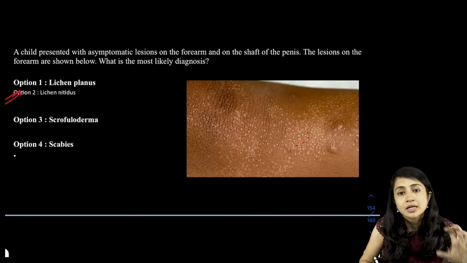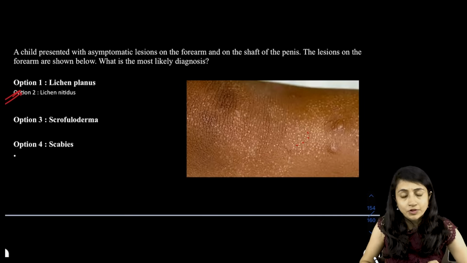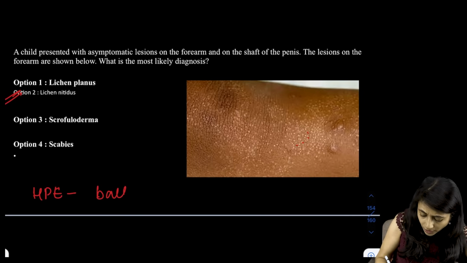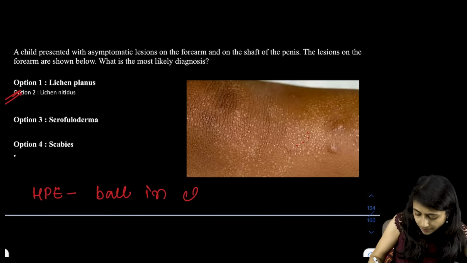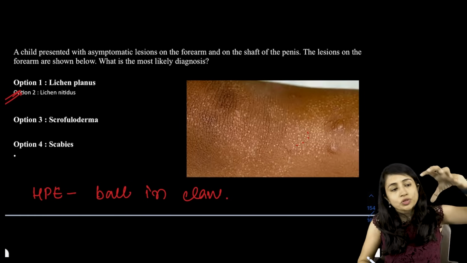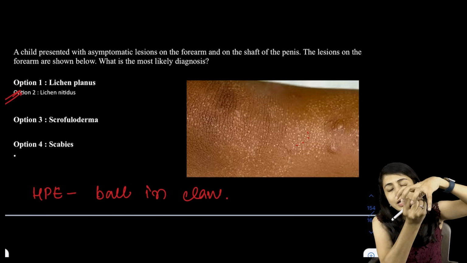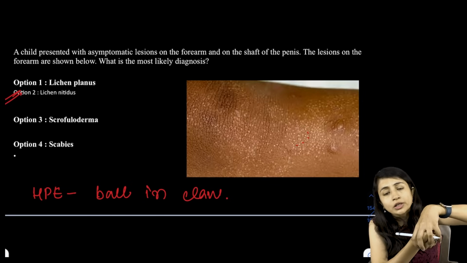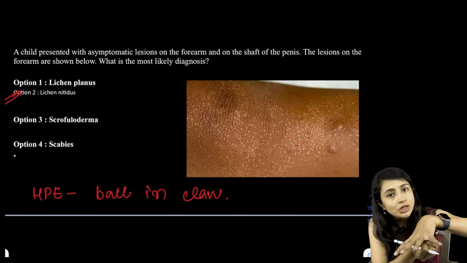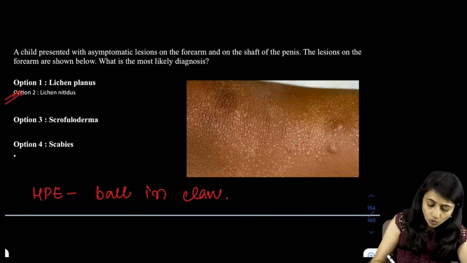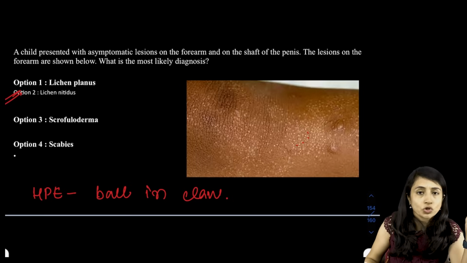Lichen nitidus presents typically with these features, and on histopath you see a ball in claw appearance. So, when you do a histopath, you see an infiltrate like a ball held in the claw. So, ball in claw appearance on histopath and these shiny asymptomatic papules on forearms and shaft is a typical feature of lichen nitidus. You all know the other options and we know that's not the case.